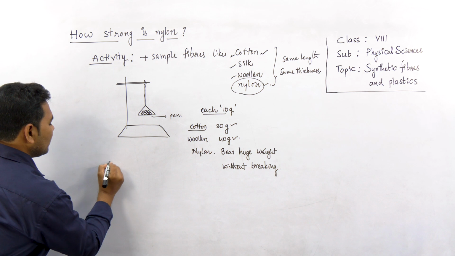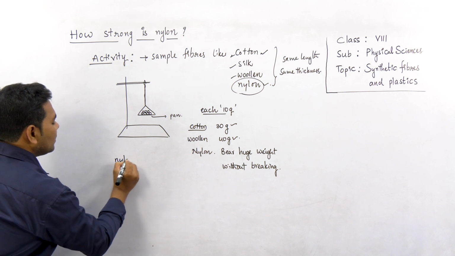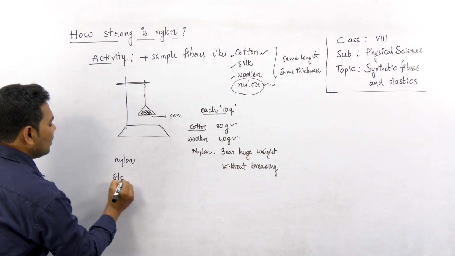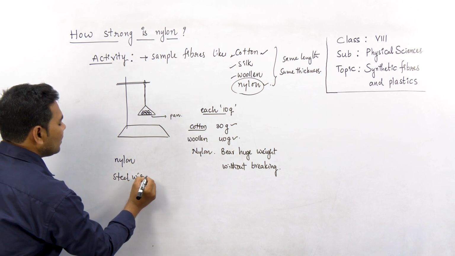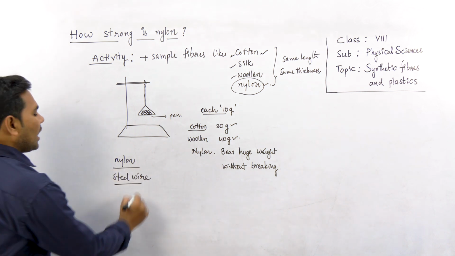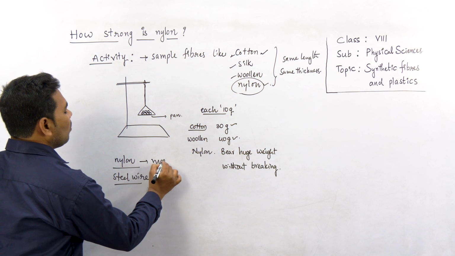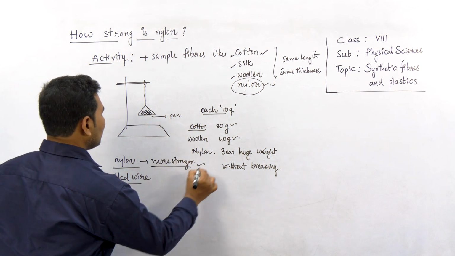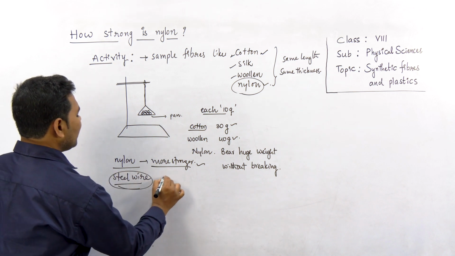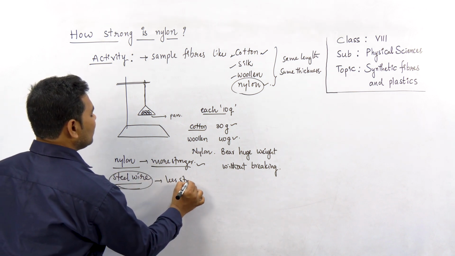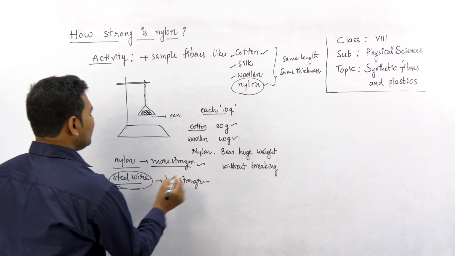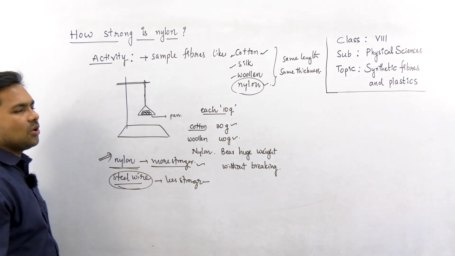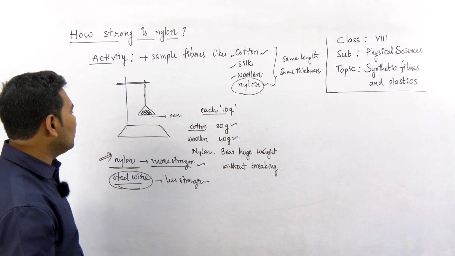And now if you compare nylon and a steel wire of the same thickness, nylon is even stronger than steel. Steel wire will be less strong than nylon. Okay, you can imagine how strong nylon is.